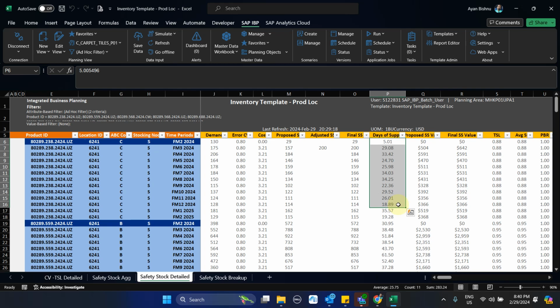Then they do simulations, make adjustments, and even request additional features, which enable them to do multiple modifications and approval processes and then pass the inventory optimization result back to supply.